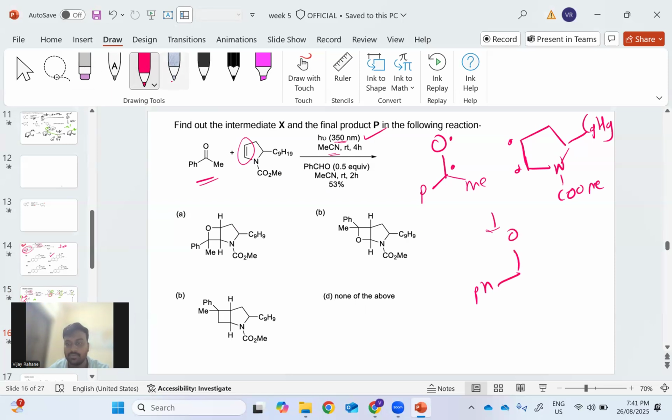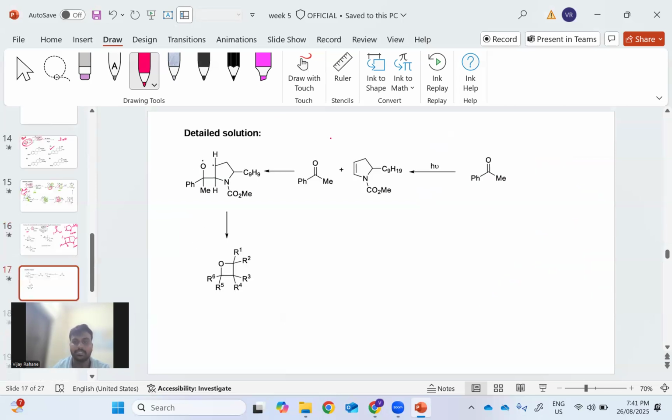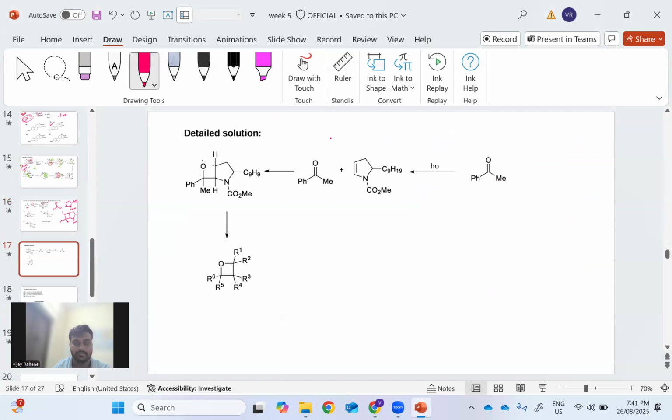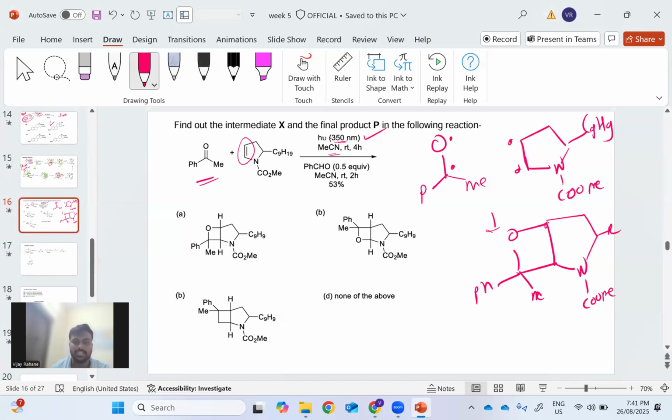So this will be the O, this is the Me, right? And here there is a new bond. This is the nitrogen, and this is the R group that was earlier. So this COOMe. So this is how this reaction works, right?